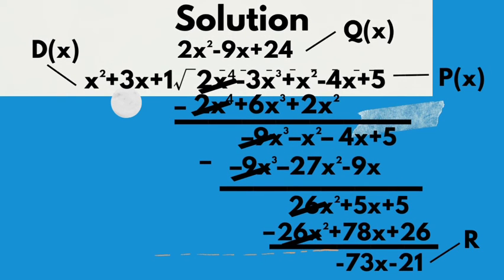Now, each of the terms in the divisor is going to divide the term in the polynomial. And the first term is x squared in 2x raised power 4. That gives us 2x raised power 2. Then 2x squared is going to multiply all the terms in the divisor, and that is x squared plus 3x plus 1.